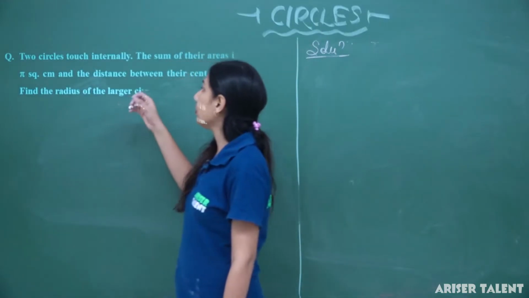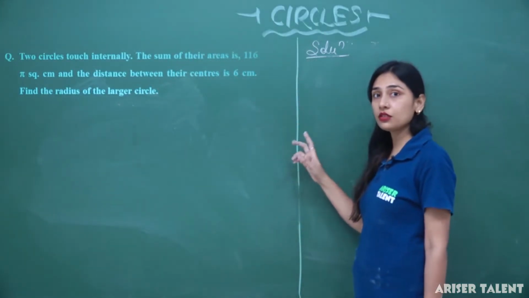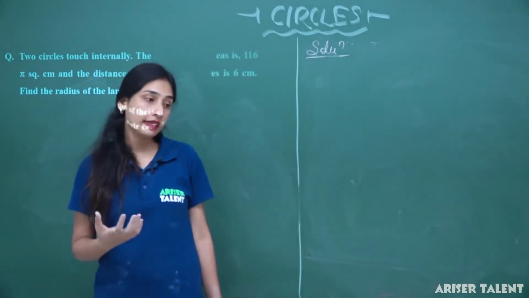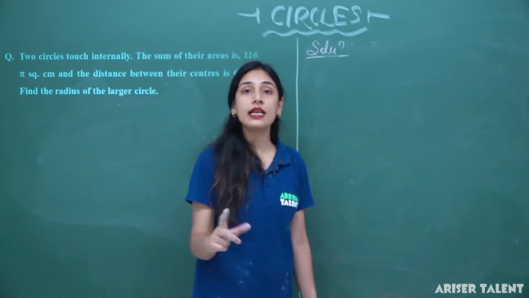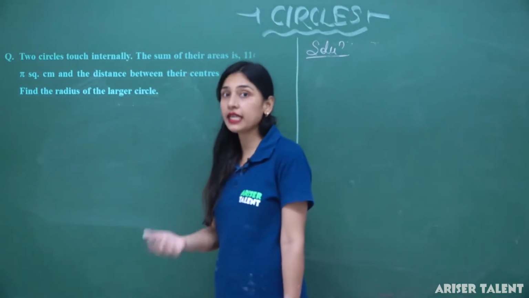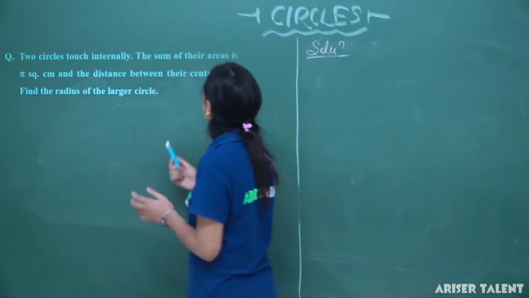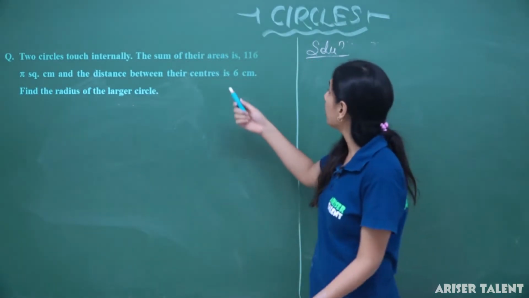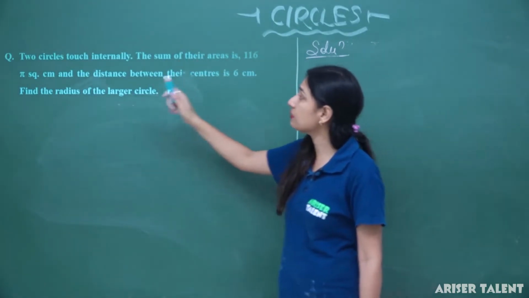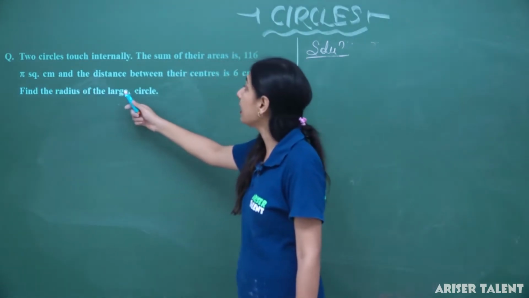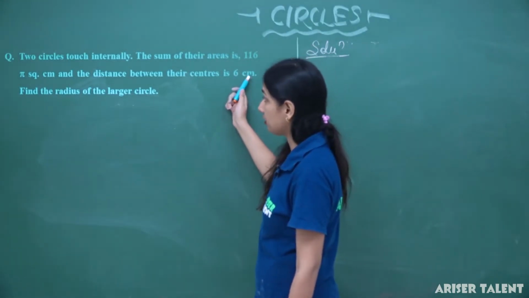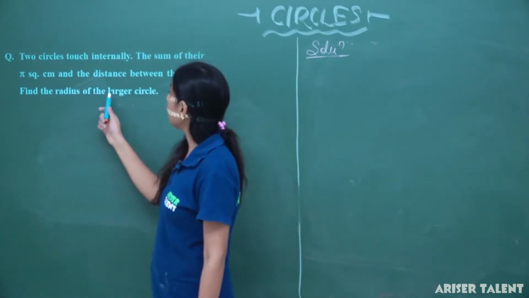Now this is a particular type of question, where you are given the area. The area of a circle, as I told you in my very first lecture, is pi r square, where r is the radius of that circle. So we have two circles, so we will have r1 and r2, right? Their areas sum to 116 pi square centimeters, and the center to center distance is 6 centimeters. Find the radius of the larger circle.